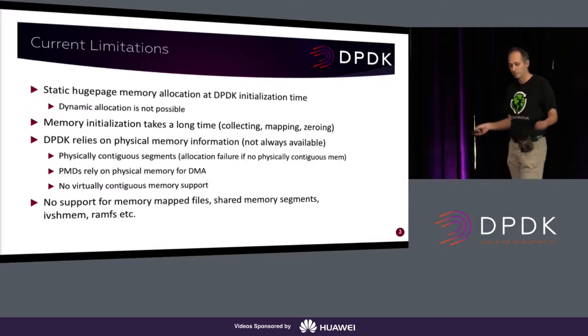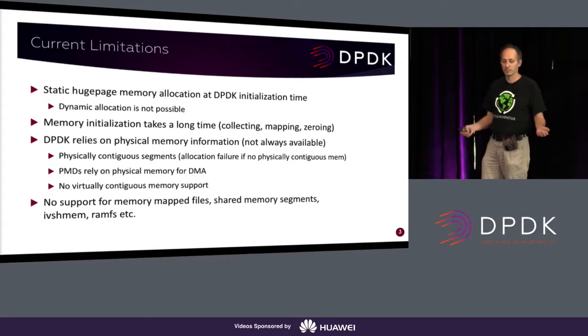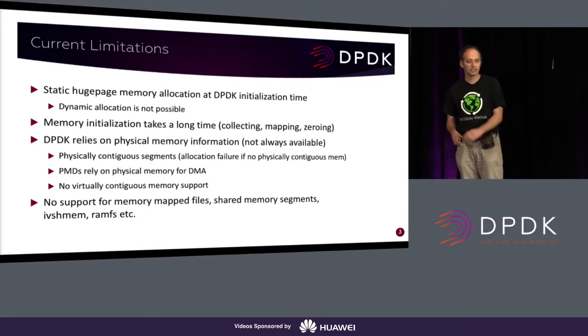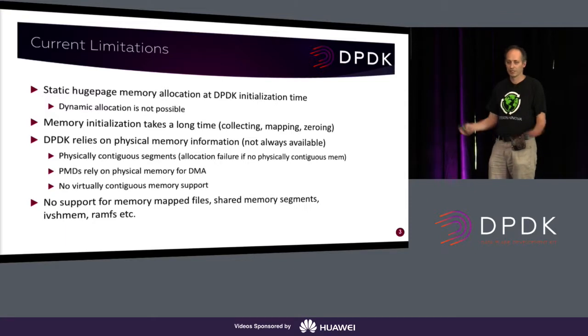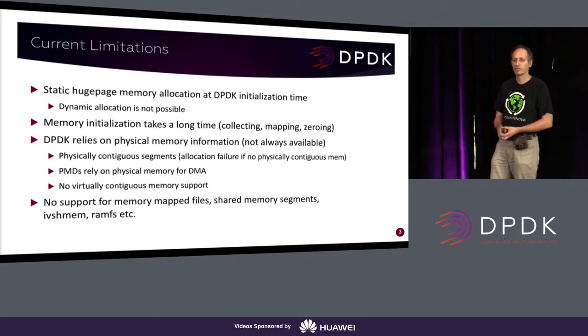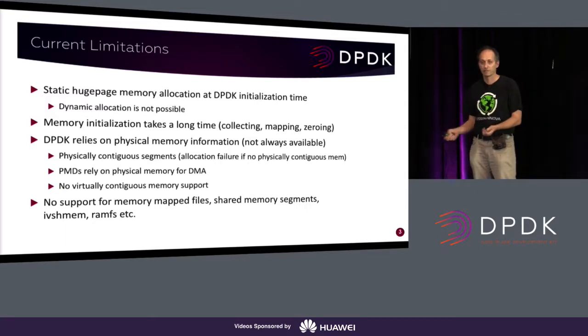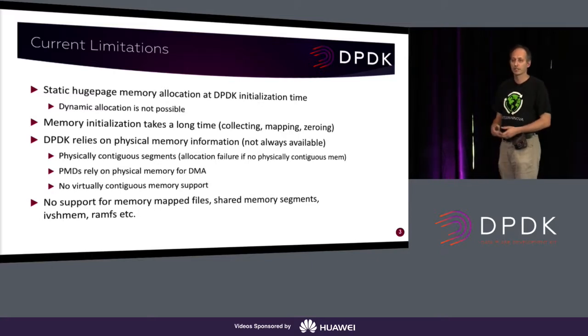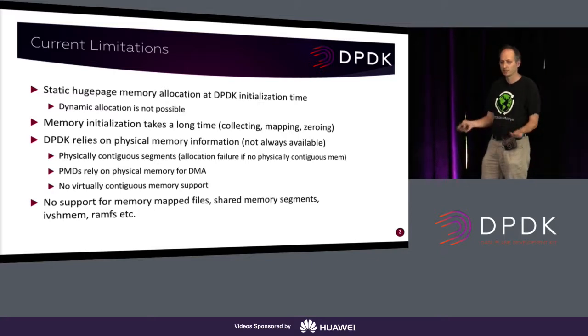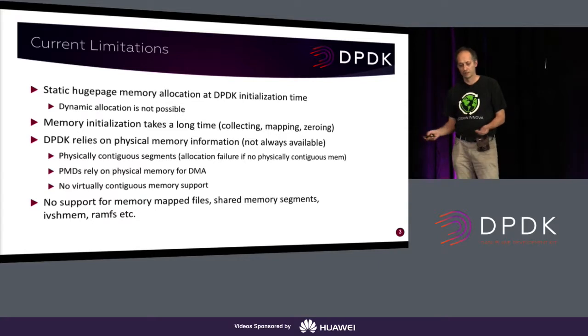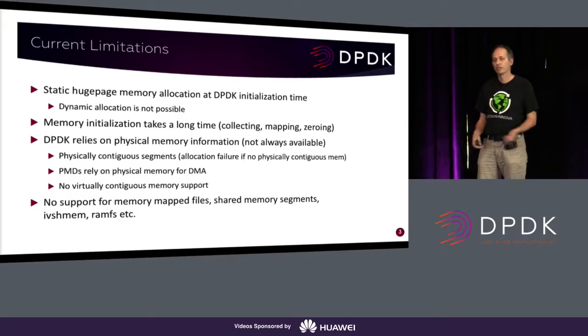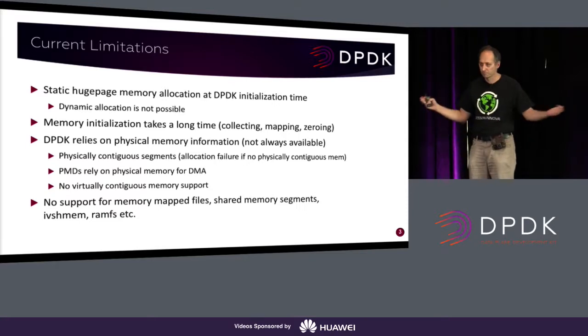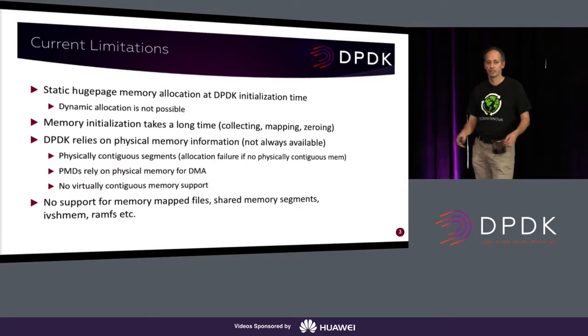Currently DPDK has some limitations, as Bruce mentioned in the earlier presentation, where he gave an overview of the current problems. One big problem is the static allocation. When you start DPDK, it allocates memory, and later on you don't have a chance to add more memory if you need it, and it grabs all your required huge pages.